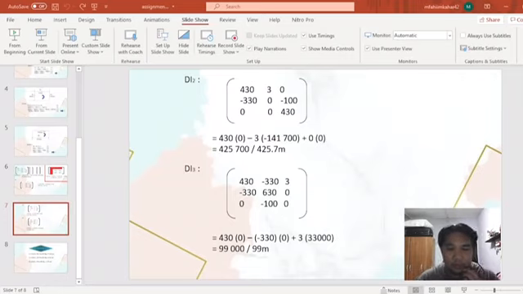The answer will be 425.7 milli. It is the same again for the determinant of mesh current 3, where we replace column 3 with the answer matrix. The determinant of mesh current 3 is 99 milli.